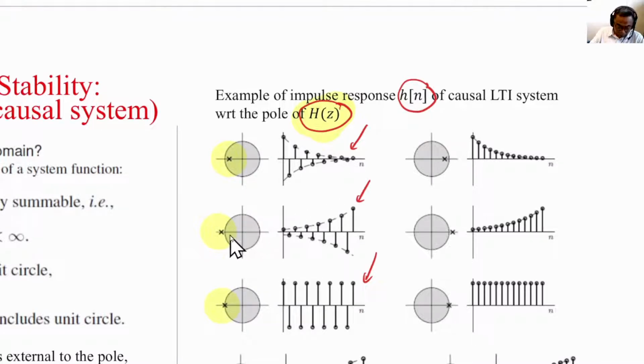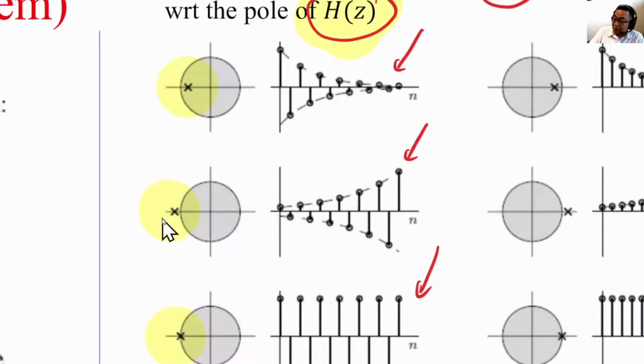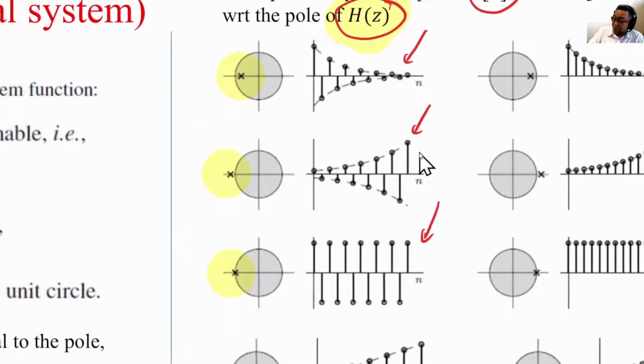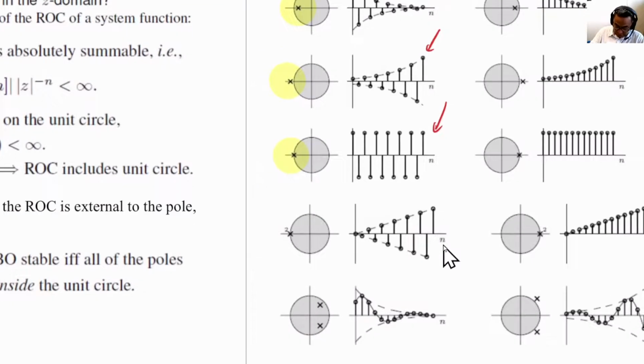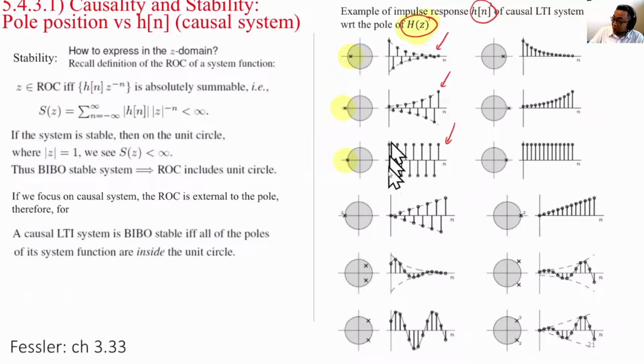If the pole is outside the unit circle, even by a little bit, the h of n will grow. And if the pole is on the unit circle, then the h of n will basically alternate and will not decay or grow. Of course, if you have a second order pole on the unit circle, it will grow bigger. And now we'll show you how different pole positions will generate different h of n.